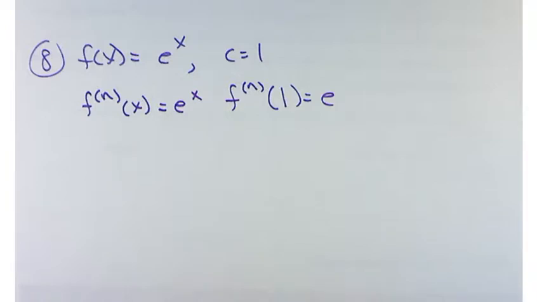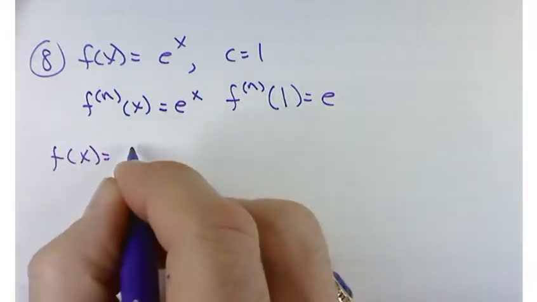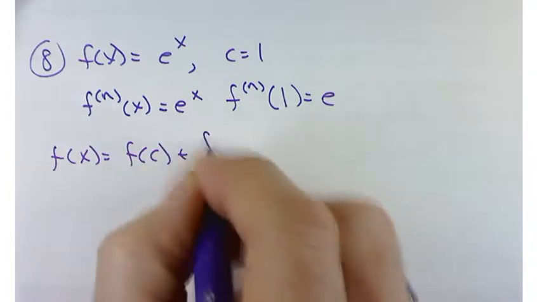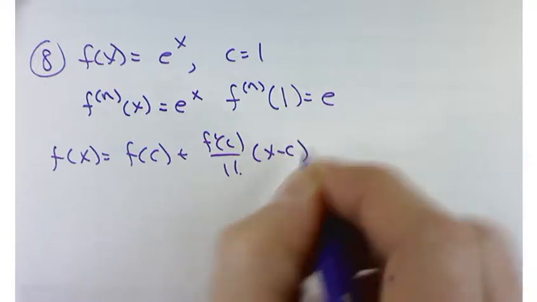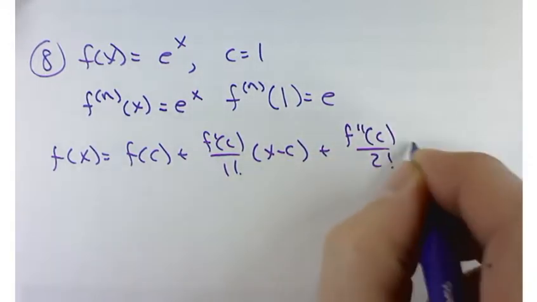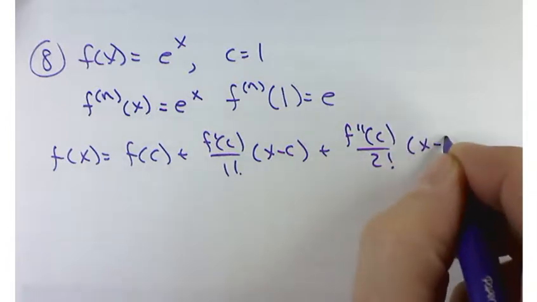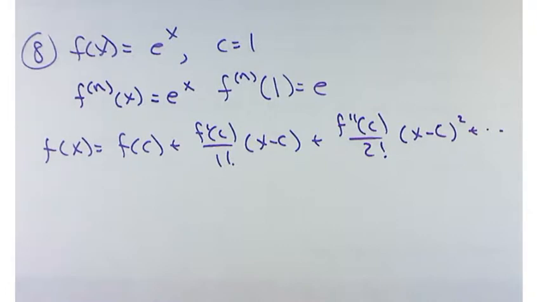So let's put that in. It's going to be f of x, of course, is f of c plus f prime of c divided by 1 factorial times x minus c, and f double prime of c over 2 factorial times x minus c squared, and so on. I think we kind of get the general idea there.